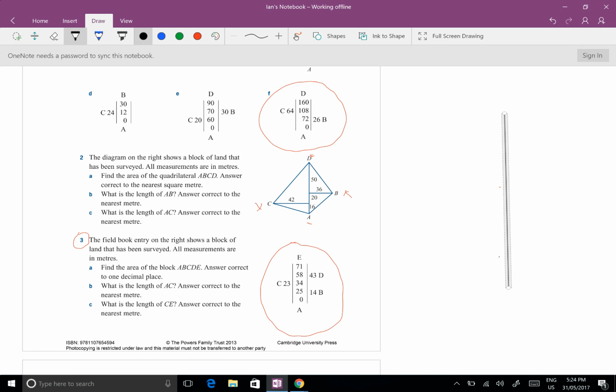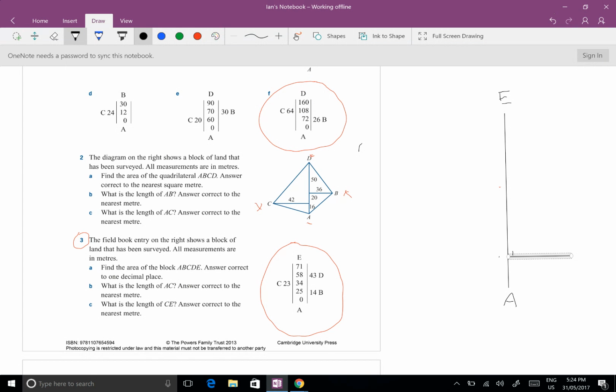There's my straight line going up, and that's going to be my measurement from A to E. And then I have these offsets coming up. Now the first one is about, let's put it about there. It's 14 and it's 25 up.